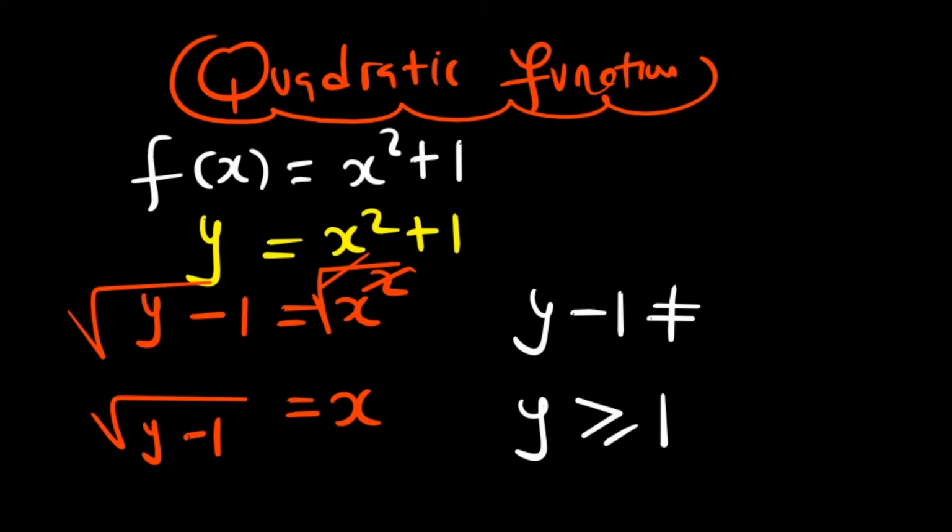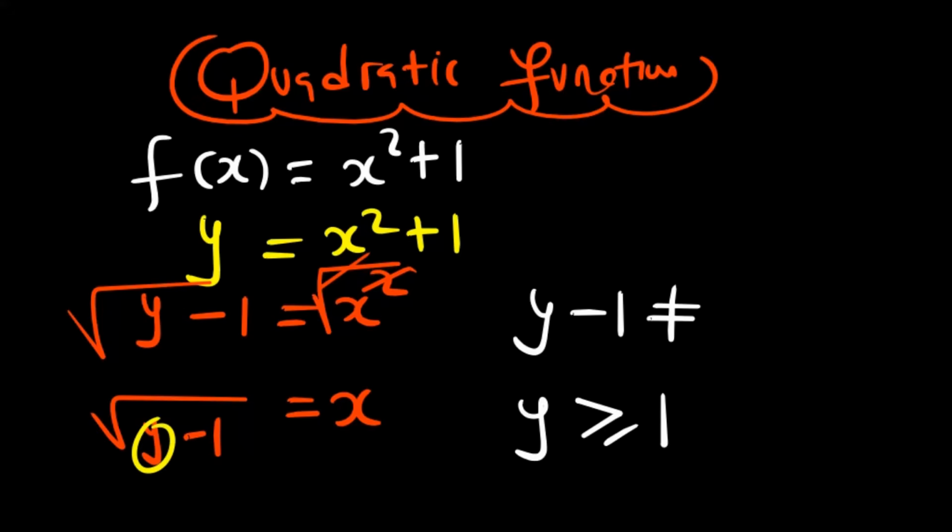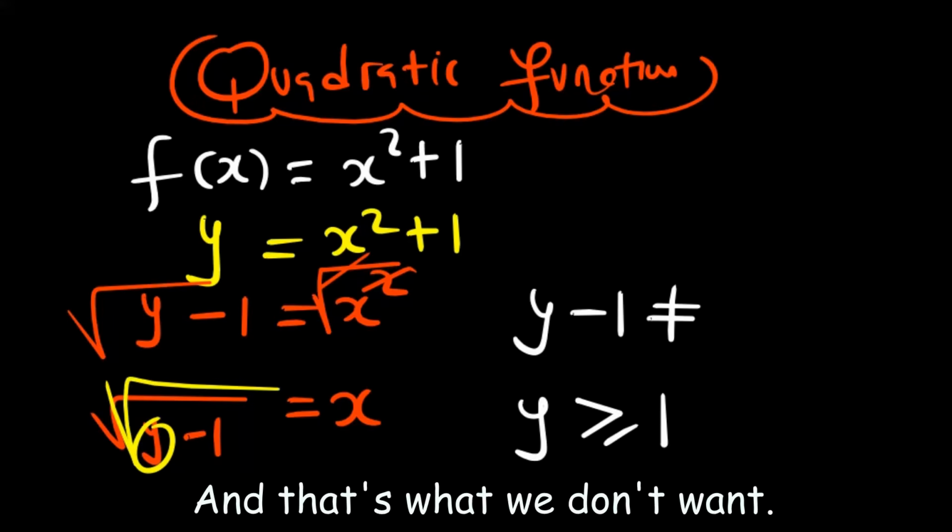But if we get any number greater than 1, let's say a 2, we'll still get the square root of 1, which is just 1. But if we get any number that is less than 1, let's say a 0 here, 0 minus 1 is going to be minus 1, and we have a square root of a negative number, and that's what we don't want.